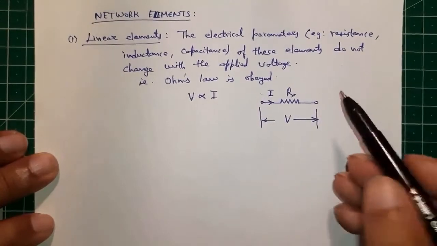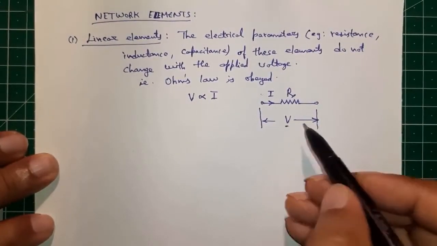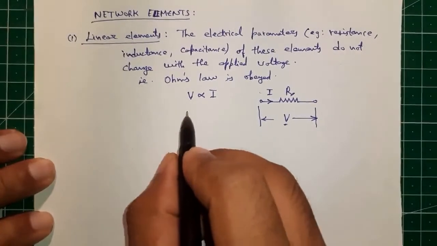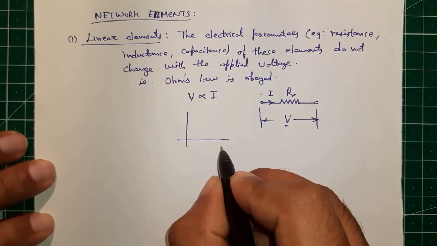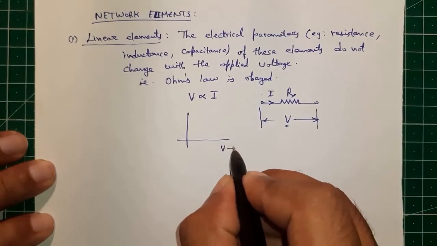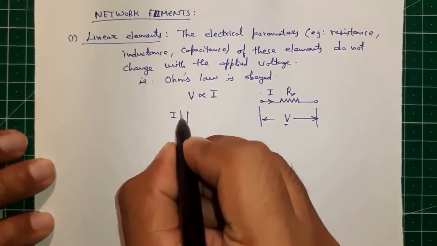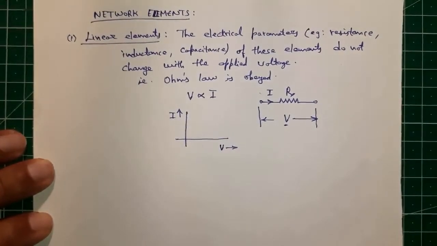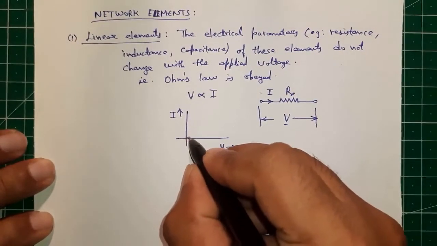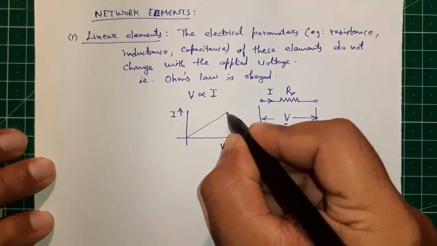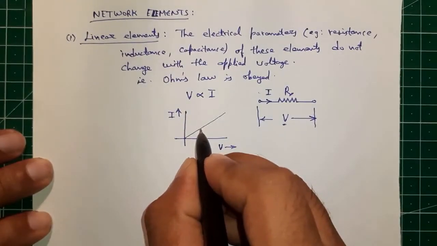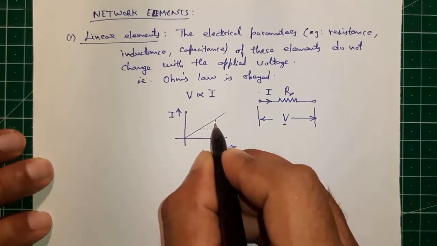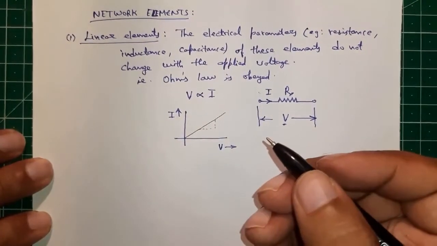The R value will not change as we vary the voltage V. So when we plot the variation of V against I, we will get a straight line with a constant slope, and the slope of this line, or 1 by slope of this line, will be the resistance value.